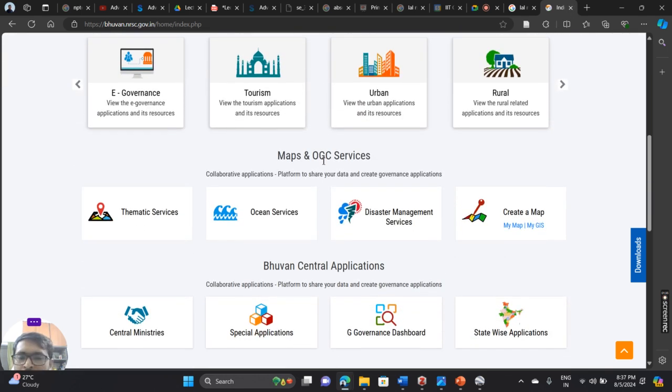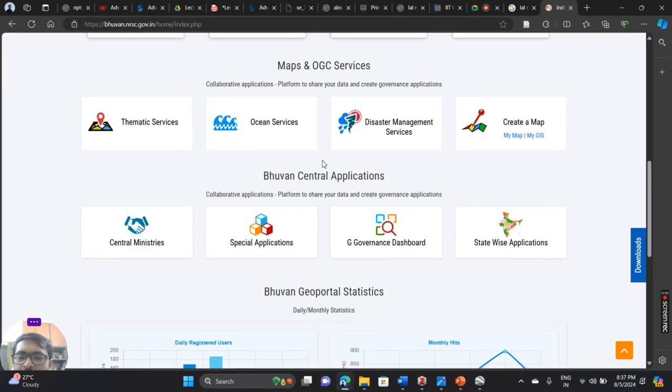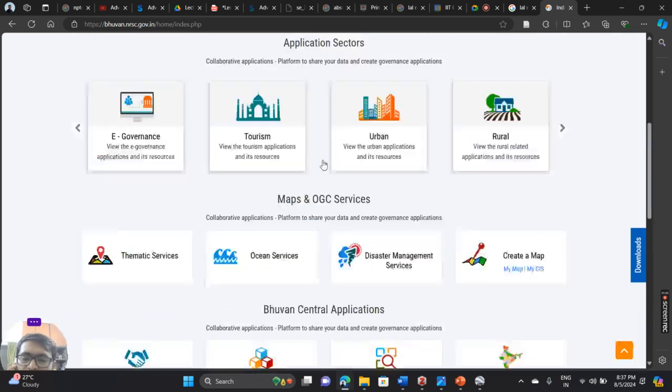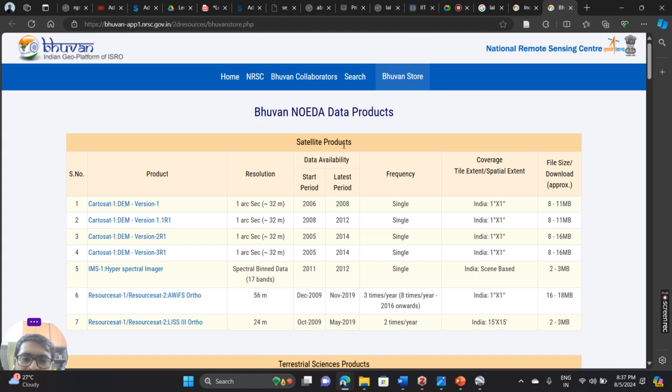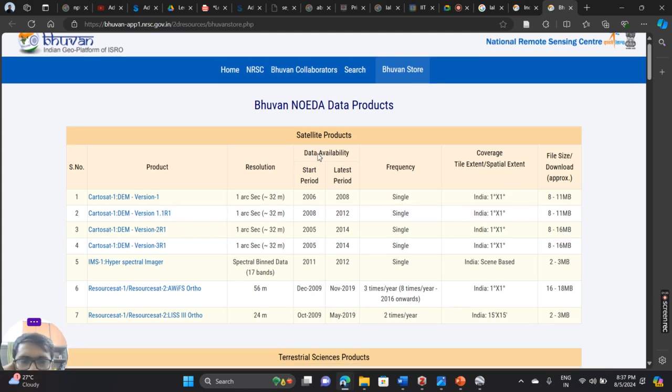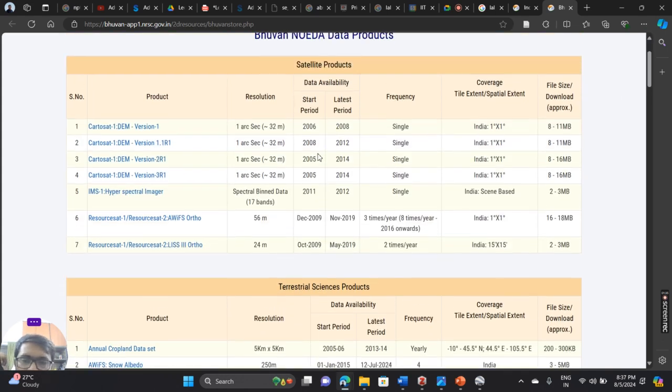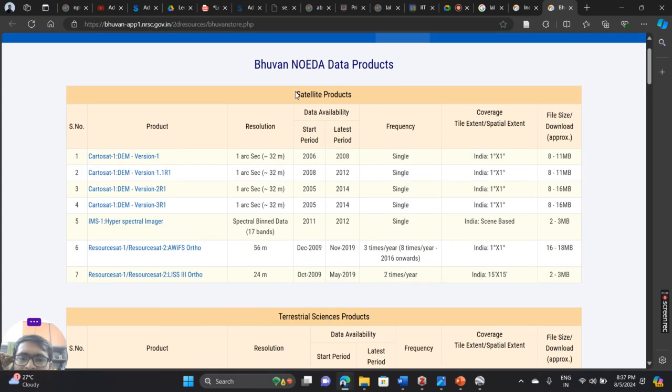Now, if we see what kind of data is available in this portal, for that you can go to this BHUVAN store, click there, and you can see all the data available in this particular portal. The first type of data is satellite products.